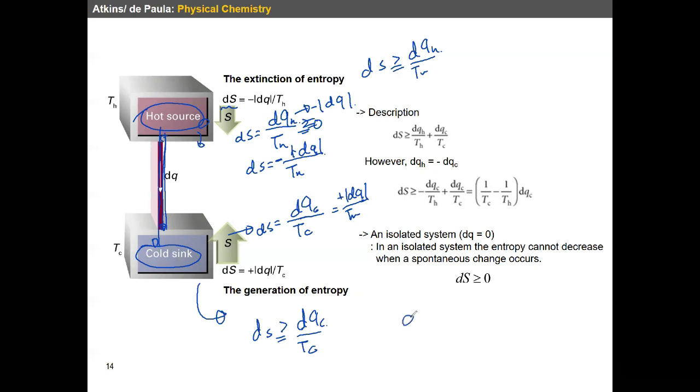So therefore the dS total for this system will be dQh over Th plus dQc over Tc, right? However, dQh is the same amount as dQc, but only the sign is minus.